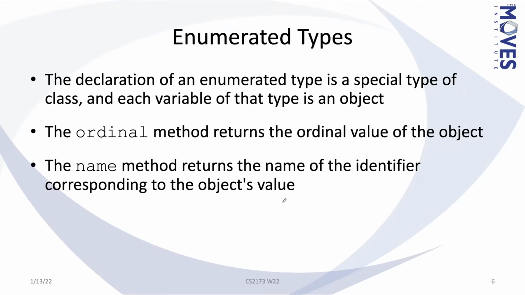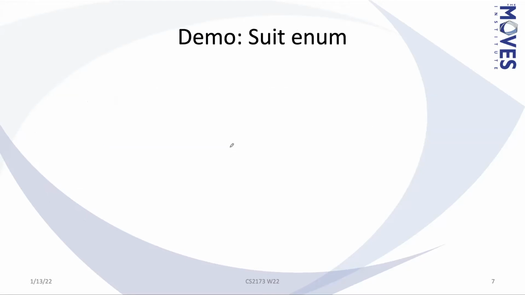So what is that about? Each value of the enumerated type has an integer assigned to it, which we can get with a method. And it has a name, etc. Okay, so let's see what this is about here.